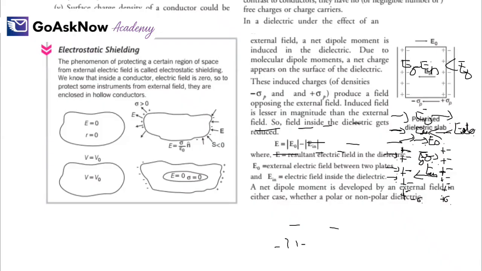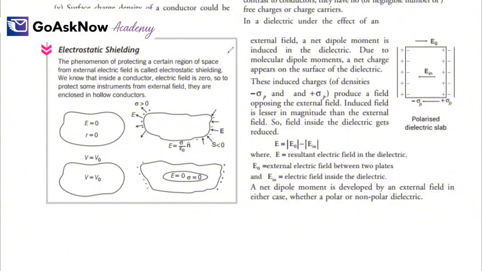Because of induction, there is development of electric field inside the dielectric. Whether it is polar or not polar, it does not depend on that. Okay, so I will clear all these diagrams and move further.